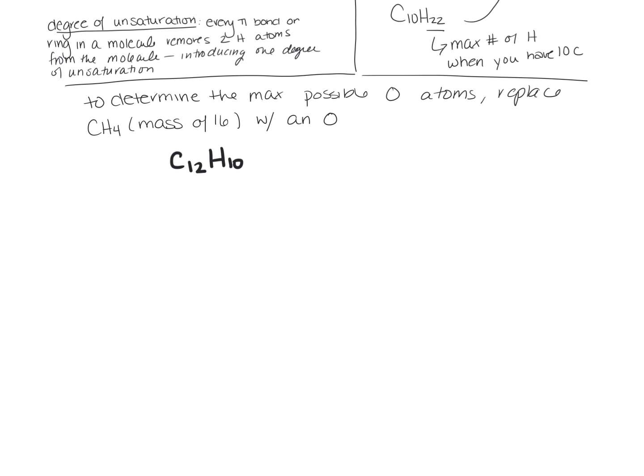And then what we need to do is we need to replace one carbon and 4 hydrogens to add that oxygen. So we subtract CH4, and that gives us C11H6O.